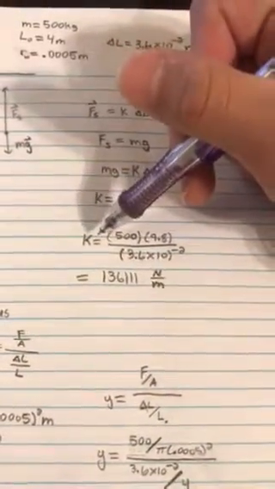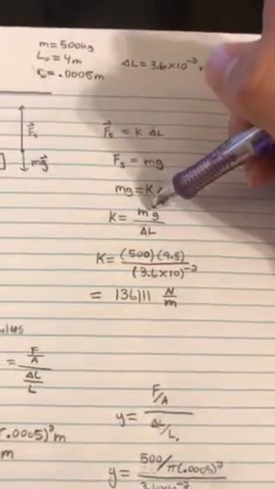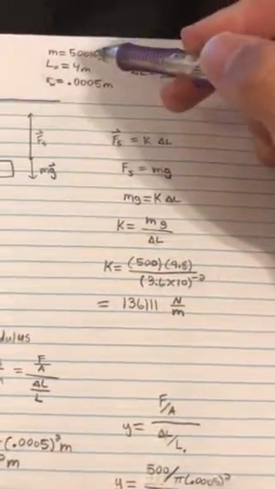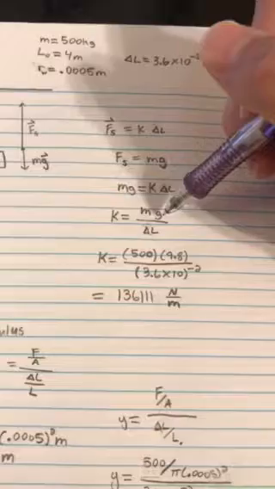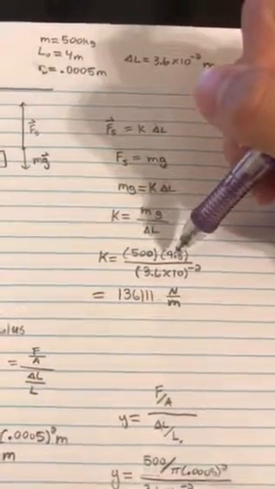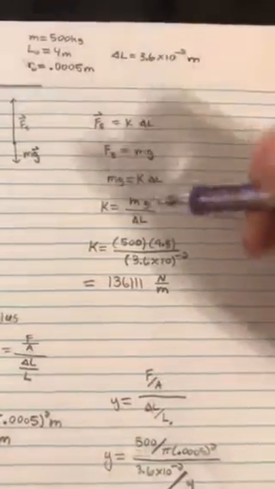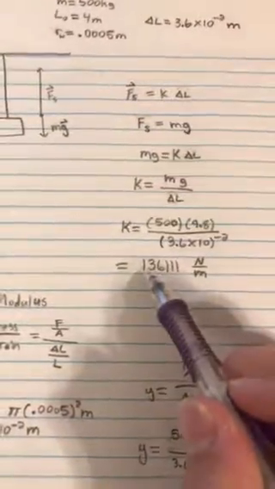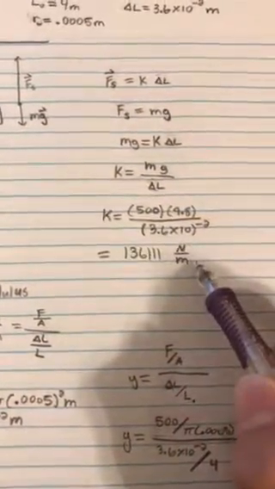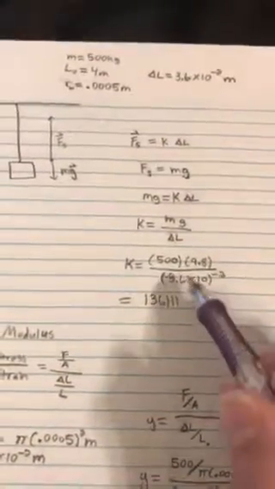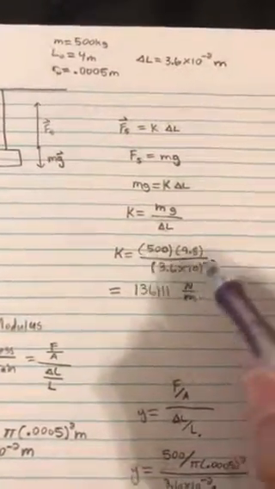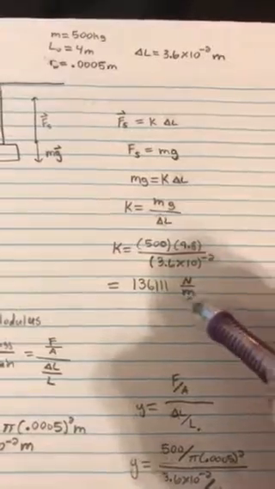Then we plug in our values: the mass is 500 kilograms, gravity is 9.8, the constant, over delta L, which is given right here. Plugging that into the calculator, this is what we get, newtons over meters. The units cancel out, and it's newtons over meters.